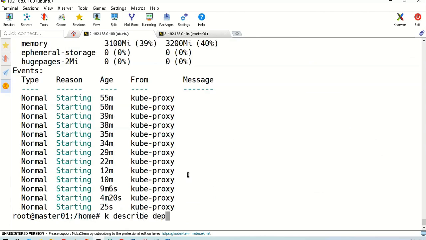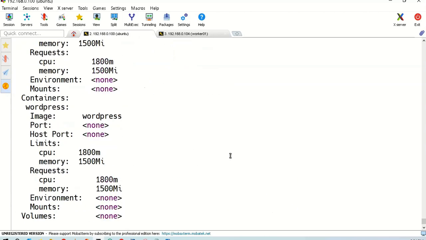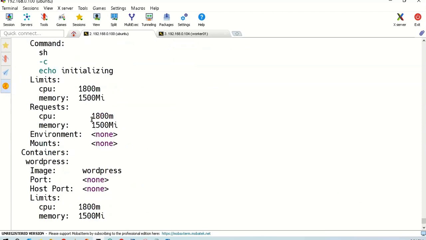Describe deployment WordPress. The deployment is asking 1800, and memory is under the limit, but CPU, I suppose, is more. 4 cores means 1.8. 18 into 3. How much is 18 into 3?